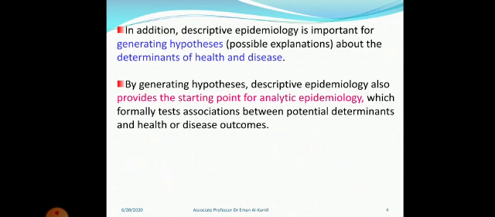And also, by generating the hypothesis in descriptive epidemiology, it provides the starting point for analytical epidemiology. So descriptive epidemiology is regarded as the starting point for planning of analytical epidemiology in order to establish the association between the different factors and occurrence of the disease.